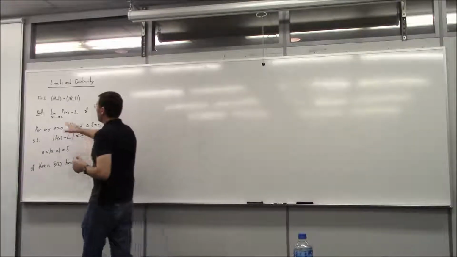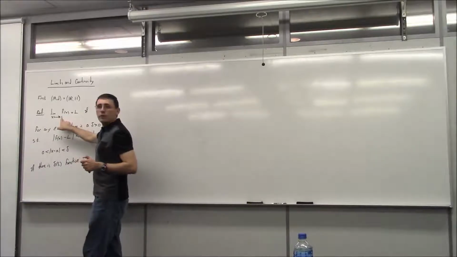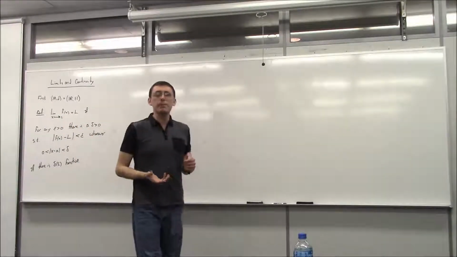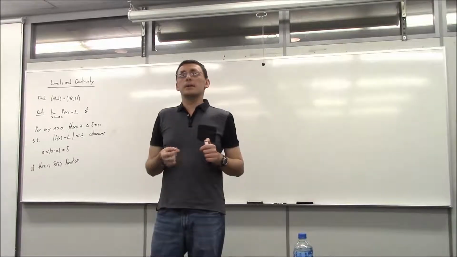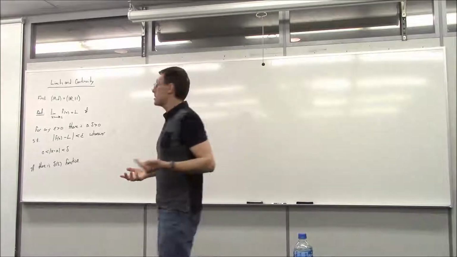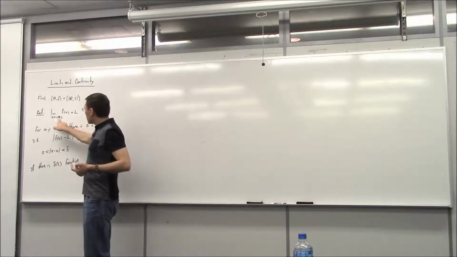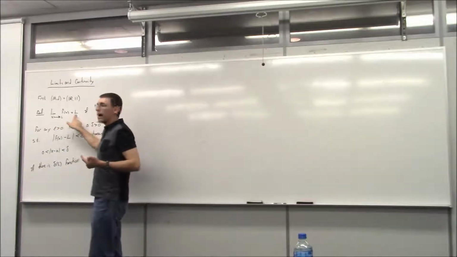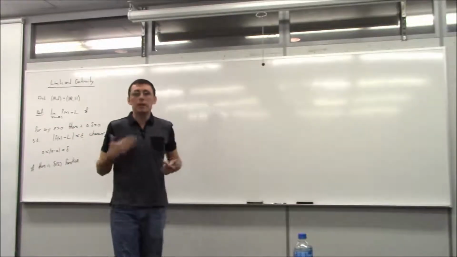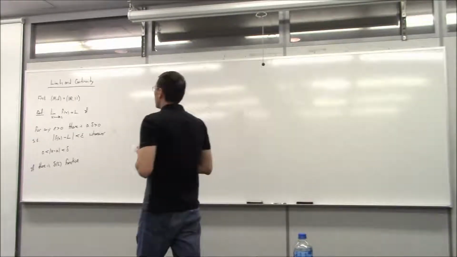In the limit, I'm plugging into f a bunch of c-like numbers, not really c, but c-like, maybe c minus 0.00001. As the numbers get closer in proximity to c, the outputs are getting L-like, closer and closer in proximity to the number L.